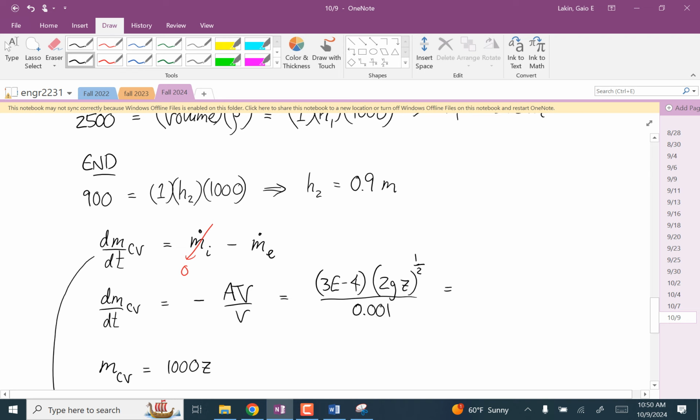And so that says 3 e to the minus 1 times 2g to the 1/2, which you can just calculate, times z to the 1/2.